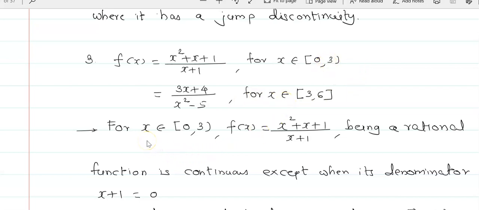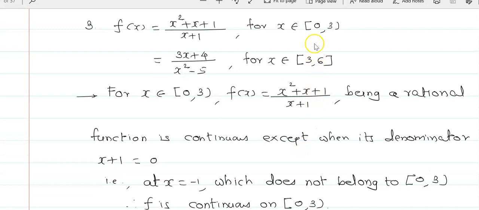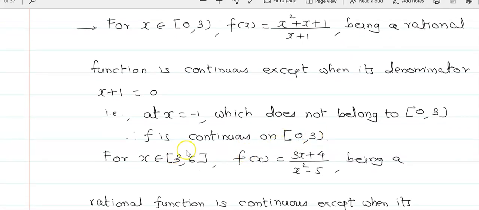Now as x belongs to 0 to 3, being a rational function, it is continuous except at x equals minus 1, where minus 1 does not belong to 0 to 3. Therefore, it is continuous on 0 to 3.